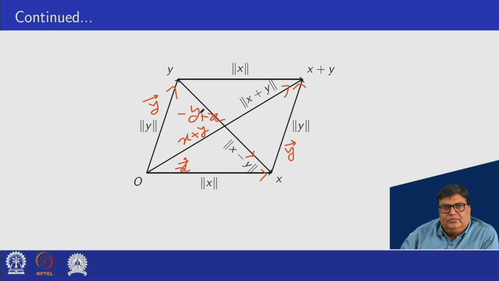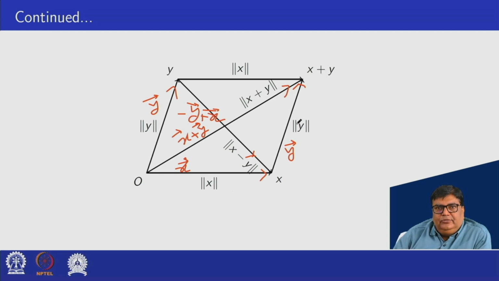So the magnitude of this value is the norm of x minus y, and this is the x plus y vector. So this is the parallelogram law.